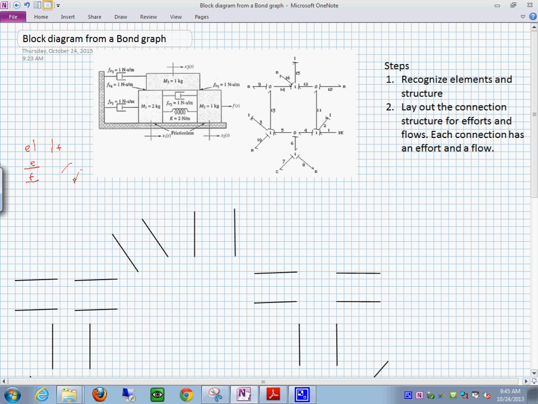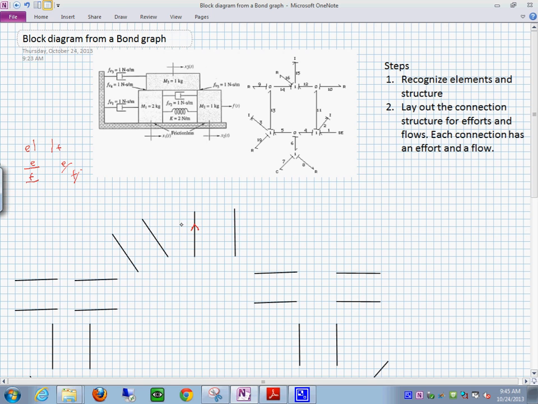And if it is like this would be E and this would be F. So okay, we go in here and for this I over here like this, you see that the effort is what is going into the I, so it's going to be like this.